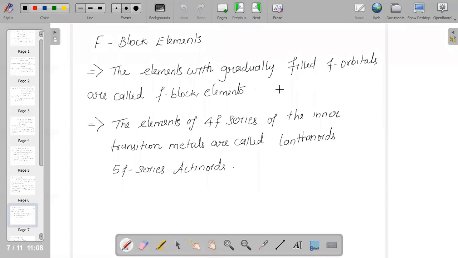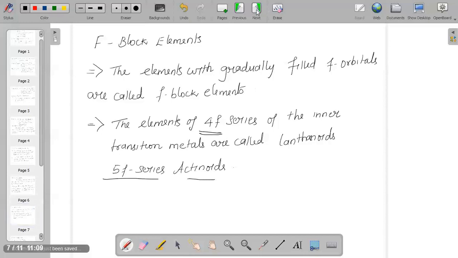The elements with gradually filled F orbitals, we are calling F block elements, and the 4F series of inner transition elements are the lanthanoids, and the 5F series are actinoids. That is your actinoids and your lanthanides, and the other name is inner transition elements.